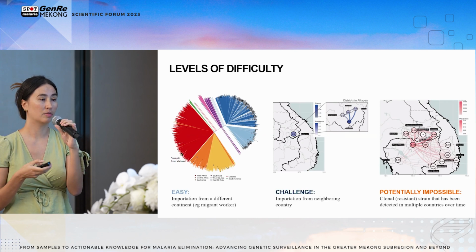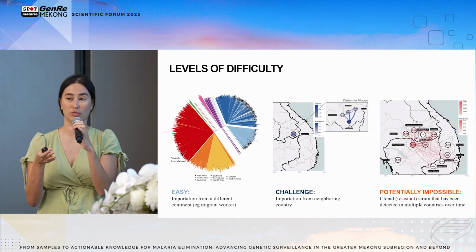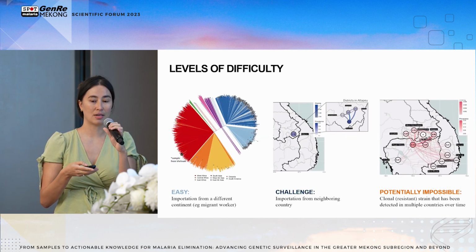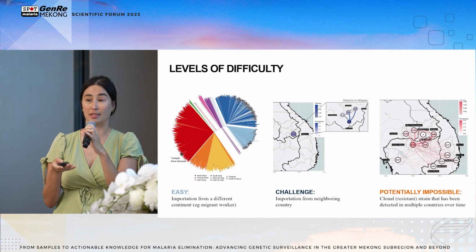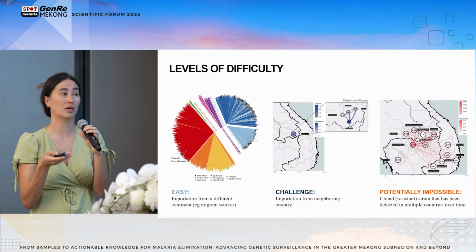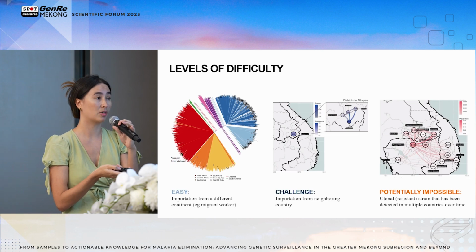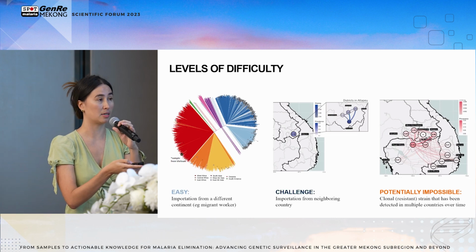Although, as Varanya just showed in her presentation, the epidemiological situation in the GMS has been changing. So maybe going forward it wouldn't be such a big proportion of the samples that we see in the GMS.